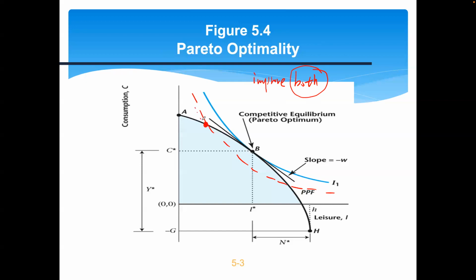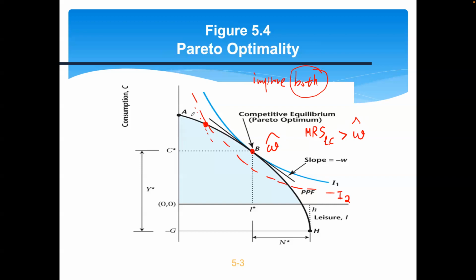If you draw a tangent line to this indifference curve, let's call it I2, you have a marginal rate of substitution between leisure and consumption. Let's call this slope W hat, to differentiate it from the wage we had earlier. So clearly this is greater than W hat.